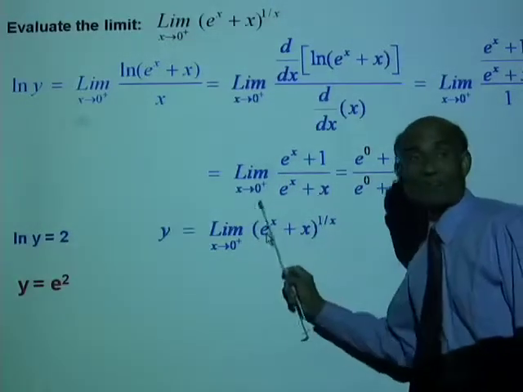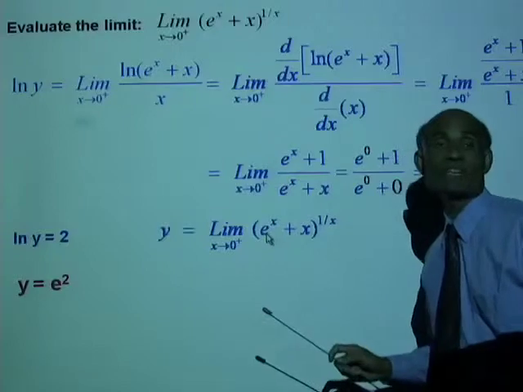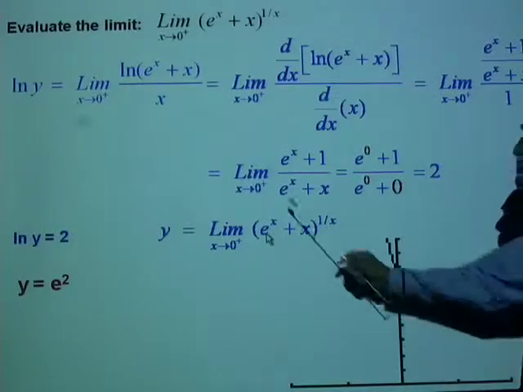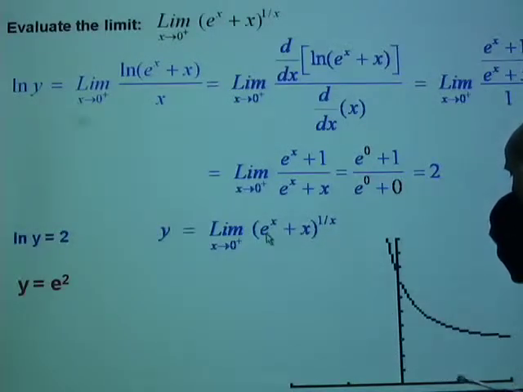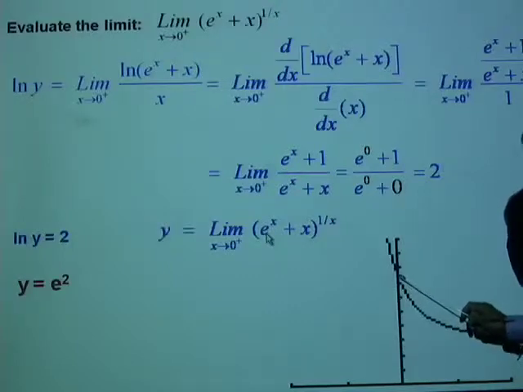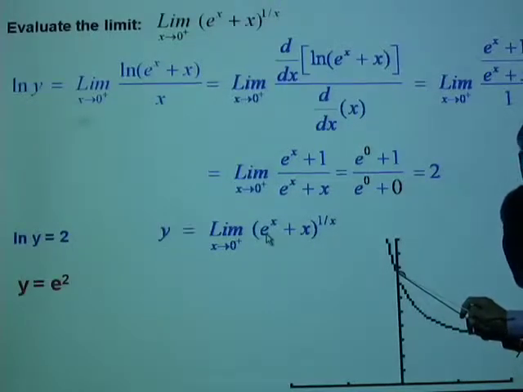That means the value of this limit is e to the power of 2. And here I have the graph of that quantity. As x approaches 0 from the right, the value of the expression becomes e to the power of 2.